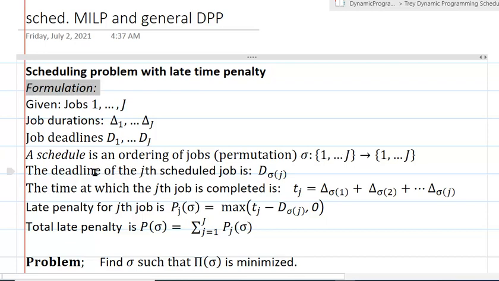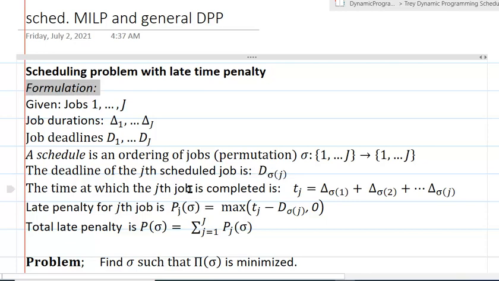So the deadline of the jth scheduled job, well, the jth scheduled job is going to be sigma of j because that's the actual job that's in the jth position. So if I want the 5th job that's scheduled, I'll take sigma of 5. That's what sigma does. It matches the position to the actual job that is scheduled to that position. So the deadline of the jth scheduled job is cap D of sigma j.